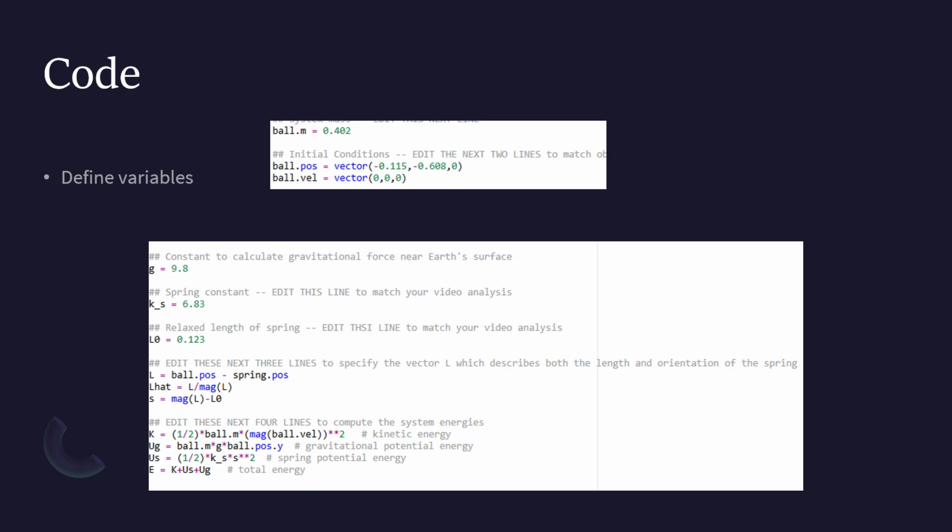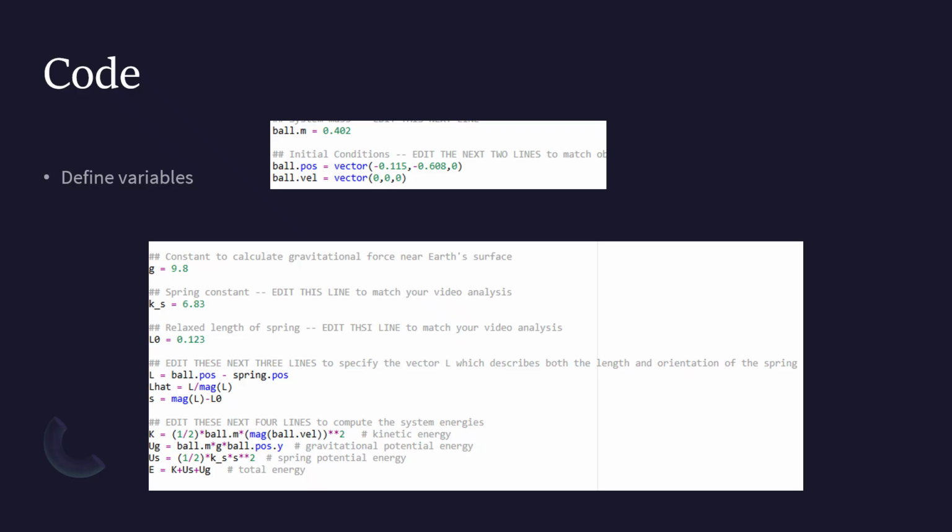Our kinetic energy equation is kinetic energy equals 1/2 times mass times the velocity of the object squared. Our gravitational potential energy equals mass times g times the y position, and the spring potential energy equals 1/2 times k of the spring times s squared, where s is how much the spring compressed or stretched.